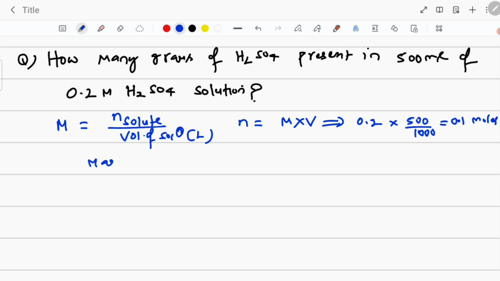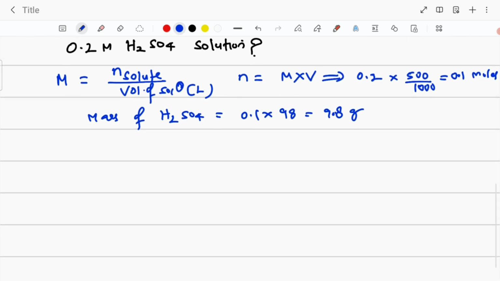Then, once you know 0.1 moles of H2SO4 is present, 1 mole of H2SO4 weighs 98 grams, so 0.1 mole of H2SO4 is equal to 0.1 into 98. 98 is the molar mass of H2SO4. So 0.1 into 98 is equal to 9.8 grams. That is the mass of solute H2SO4.